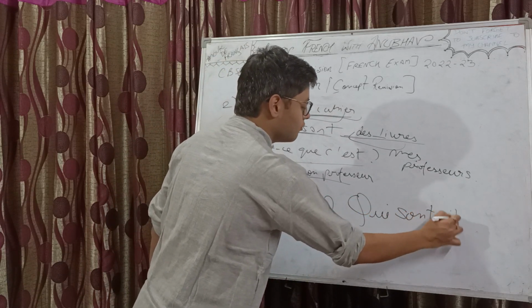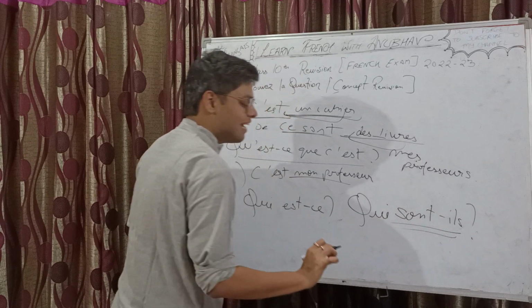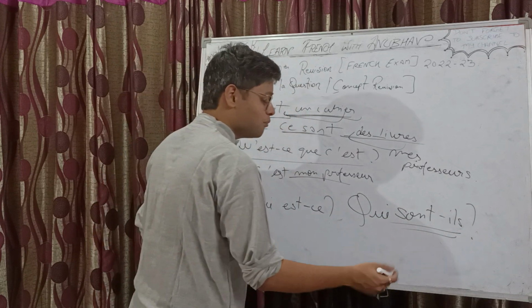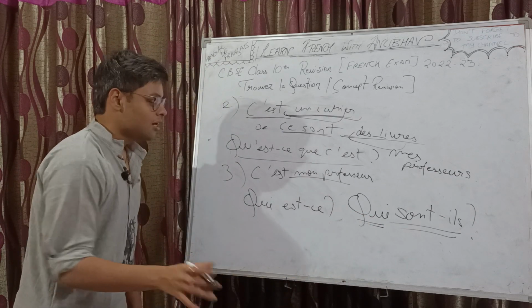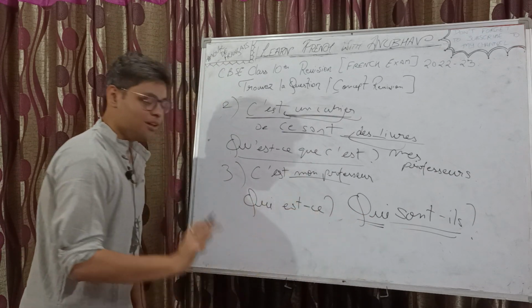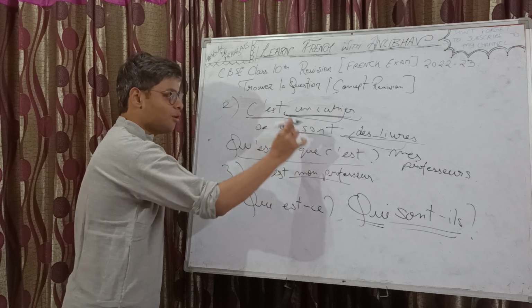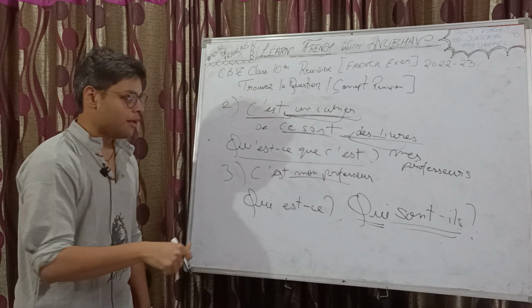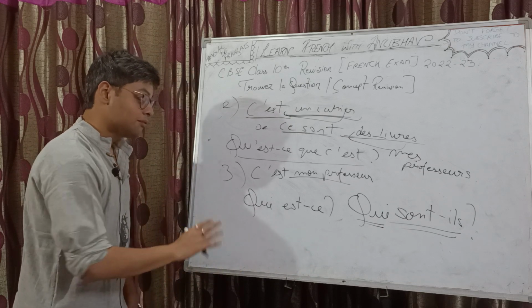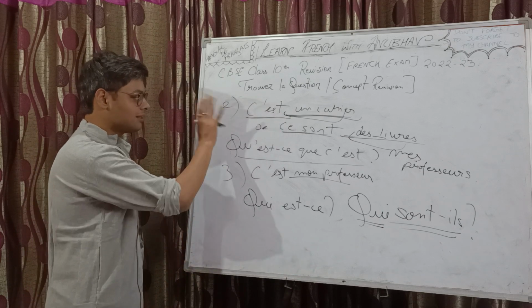Qui sont-ils? Ils sont means they are, third person plural conjugation. Inversion and qui means who. Qui sont-ils for plural and qui est-ce for singular. And qu'est-ce que c'est for non-living objects for both, be it singular or plural. Okay, so this was your type 3 and this is your type 2.